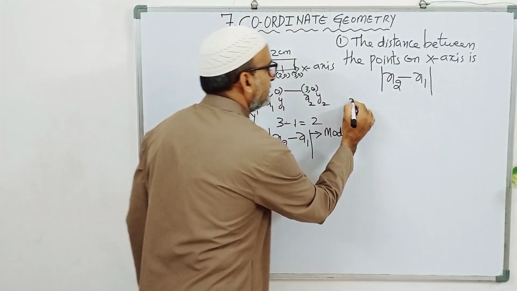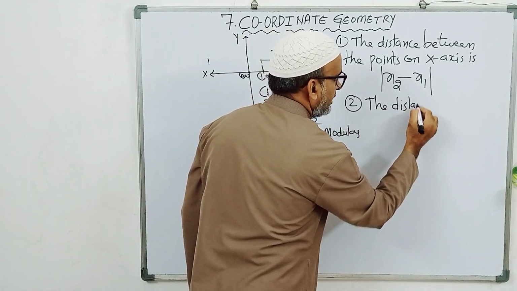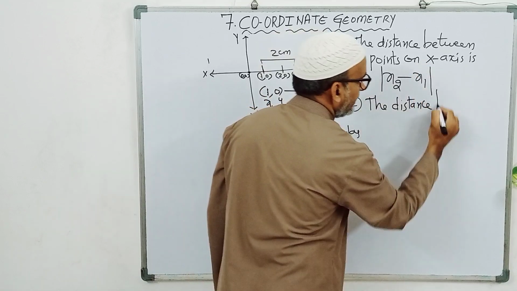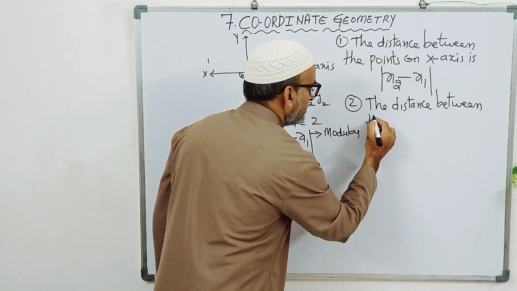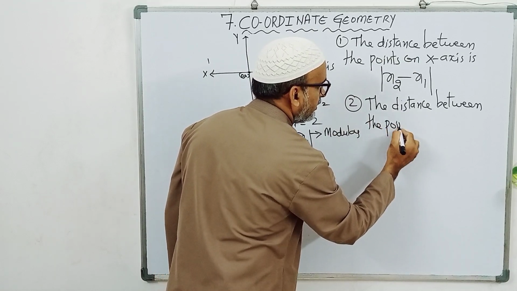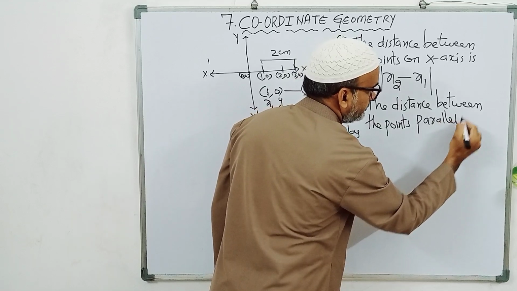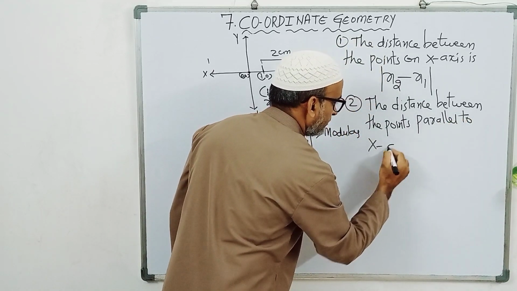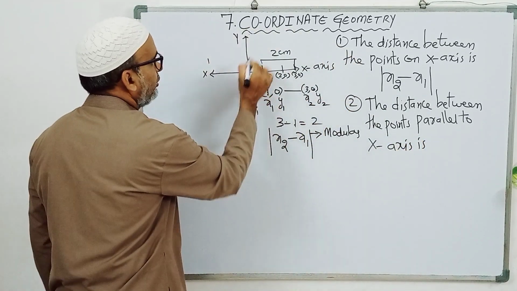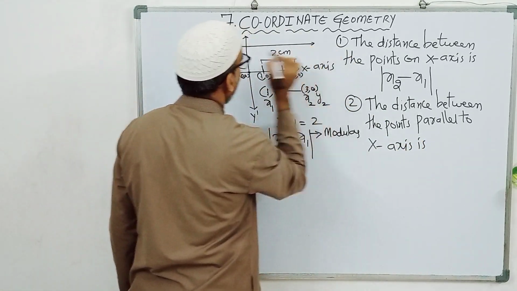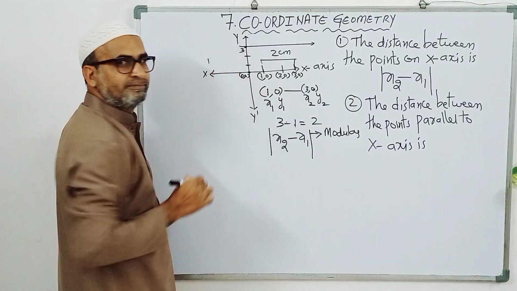Same like that only. The distance between the points parallel to x-axis is, now you see, parallel to x-axis, suppose this is the point, here 1, 2, suppose this is 3.